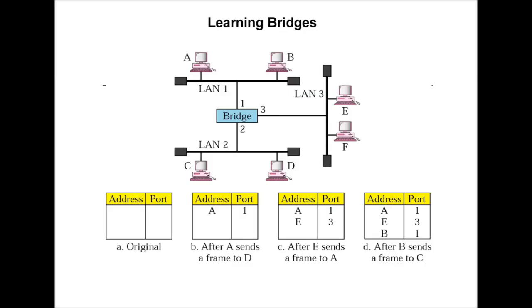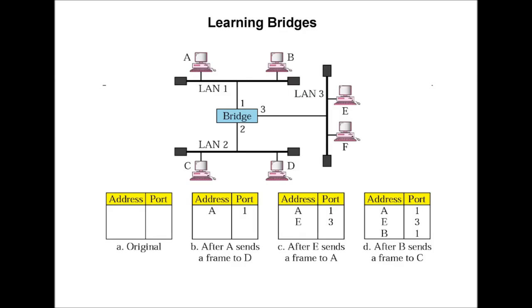There are different scenarios by which bridge will be able to learn, and we have studied that when the frames are being transmitted among these different personal computers, the MAC addresses, physical addresses, are received by the bridge, and this process is called the learning process of bridge.